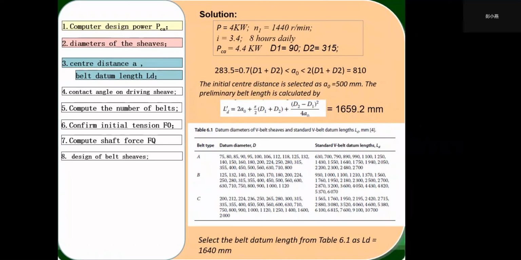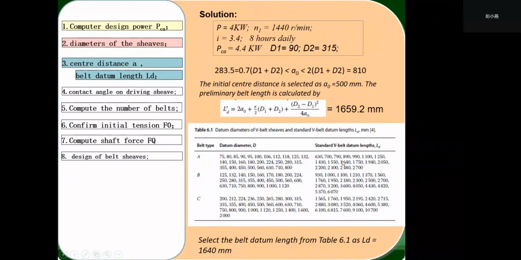Which one do we choose? Can you tell me? Choose which value for the belt length. We know that it's a type weight belt, and there is a standard value.